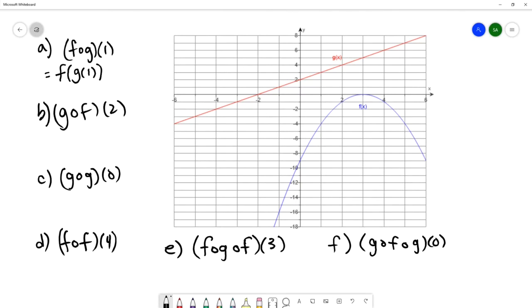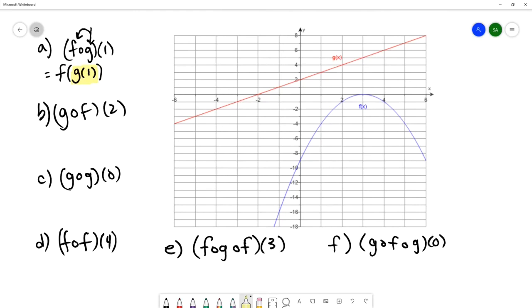So we substitute G inside of F. The function that is after the composition symbol gets substituted inside of the one that's before the composition symbol. Now on the inside, we now have G of 1. This is information that we're going to be able to get from the graph.